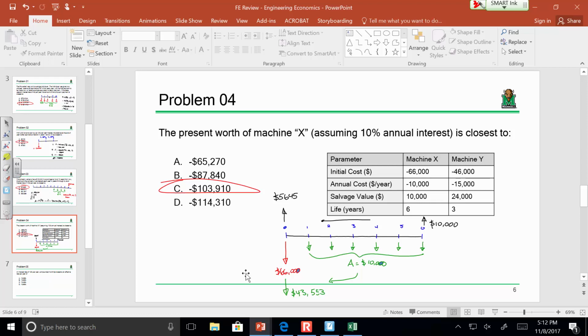That's where capitalized cost comes into play: what if I compared apples to apples? The idea is how much would it cost to replace this machine every 6 years forever versus how much would it cost to replace this machine every 3 years forever? It's a simple calc. It's just multiplying by the interest rate.